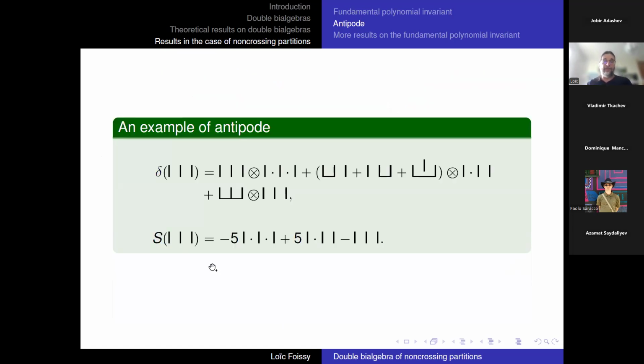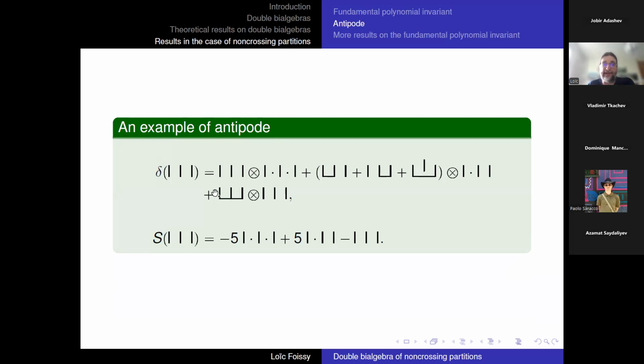Let's do an example. You want to compute the antipode of this simple object, a non-crossing partition with 3 blocks. I compute the coproduct, which I've already given before, and then I apply mu on the left part. For this one, there is no nesting, so I know its value is a Catalan number, minus 5. The same for this one, there's only one block.